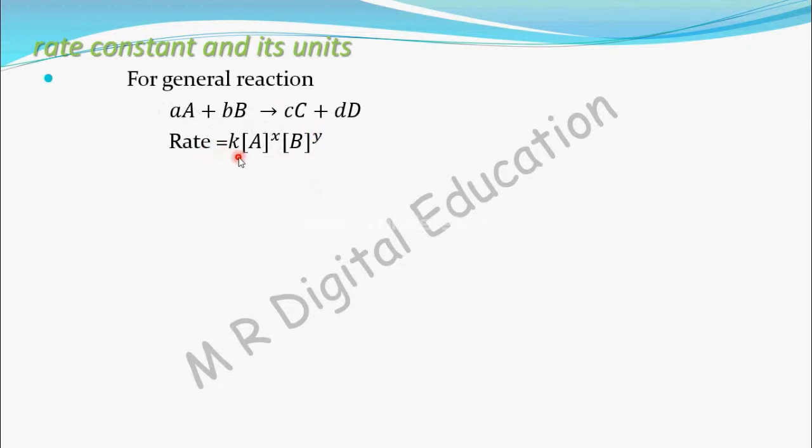Now the rate constant K equals, taking this whole term to this side, rate divided by concentration of A to the power x into concentration of B to the power y.